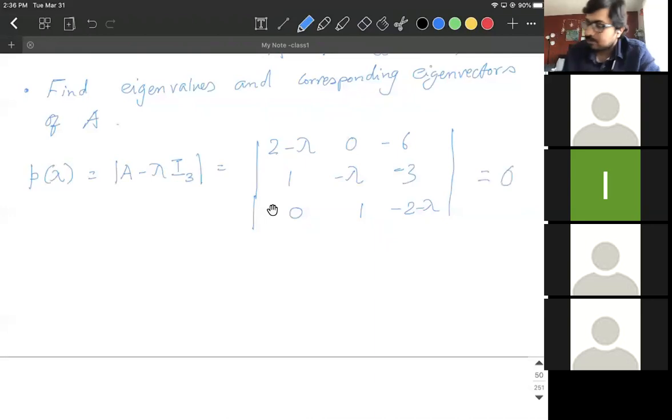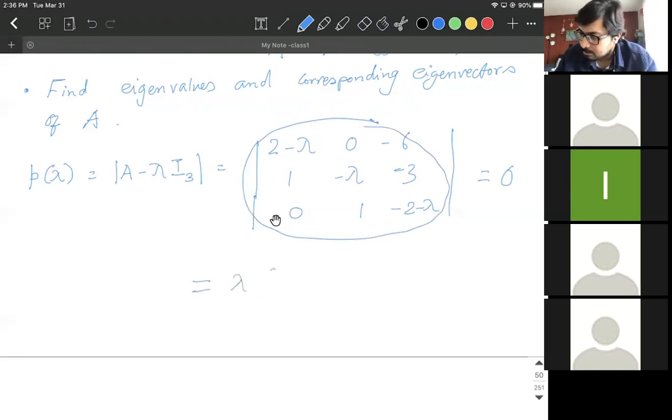So this is our equation. And solving the determinant part, I will leave it to you. So this will give us lambda times (lambda squared minus 1) equals 0. Okay, you can do it in any way you like, using the first column or maybe the first row, whichever way you like. Then, okay, so this is the equation.